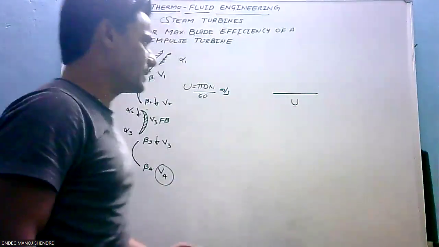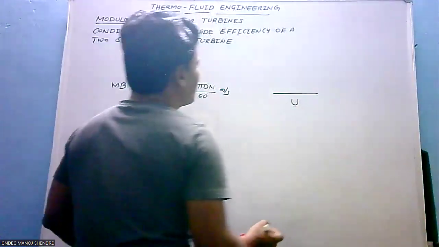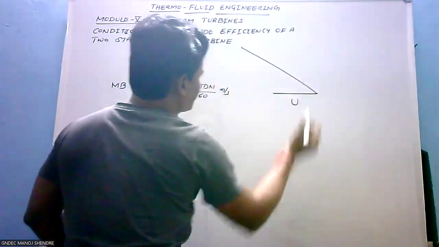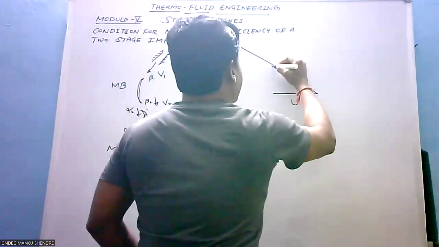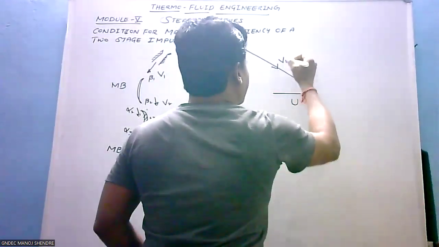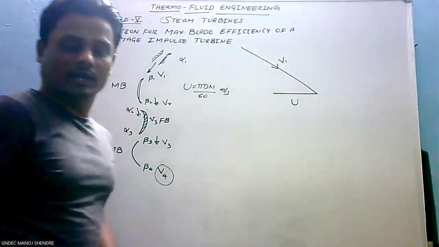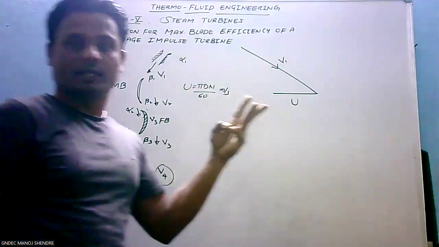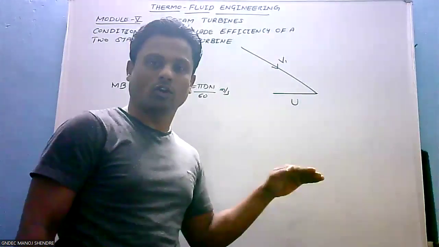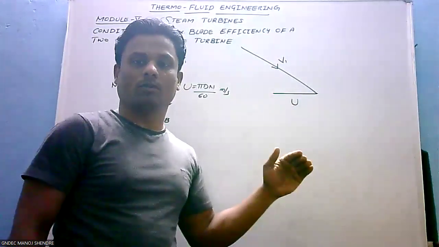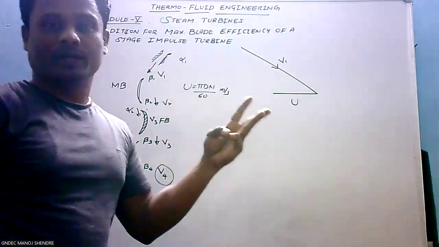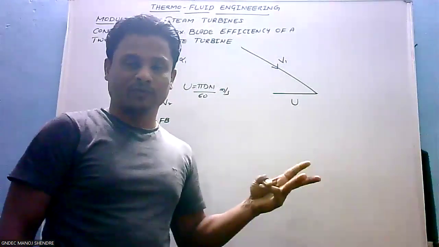Let us try to draw the inlet velocity triangle. V1 is the absolute velocity of steam at the inlet. It has three components. The first one is the horizontal component, which is the tangential velocity component. The second one is the relative velocity component, VR.